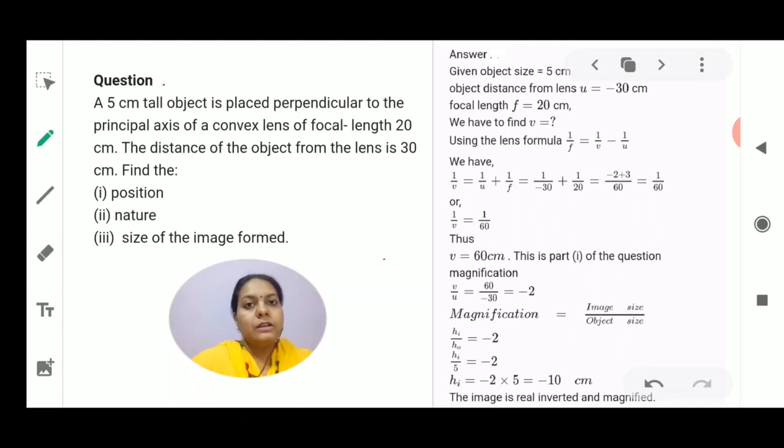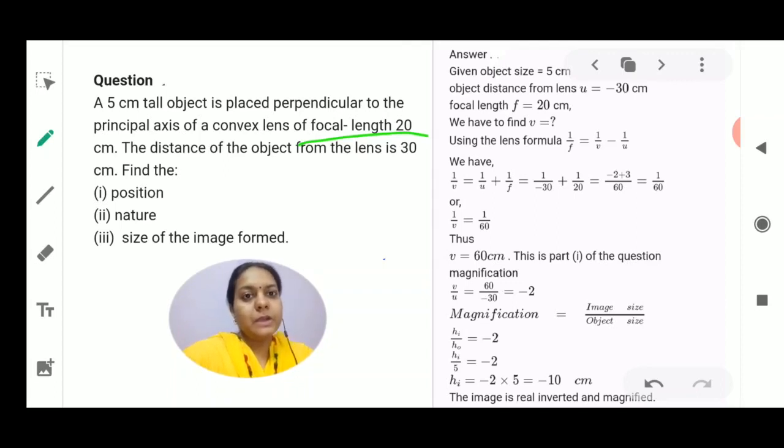Here I'll read out the first question for you all. A 5 centimeter tall object is placed perpendicular to the principal axis of a convex lens of focal length 20 centimeters. You need to know what all things are given, and then solve the numerical using the respective formula.